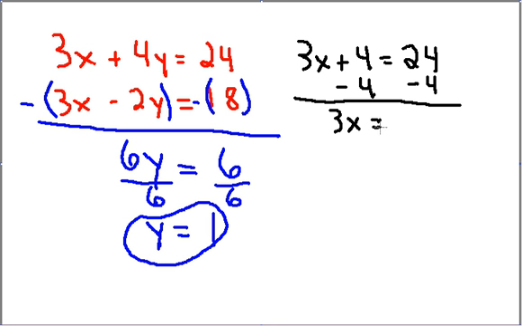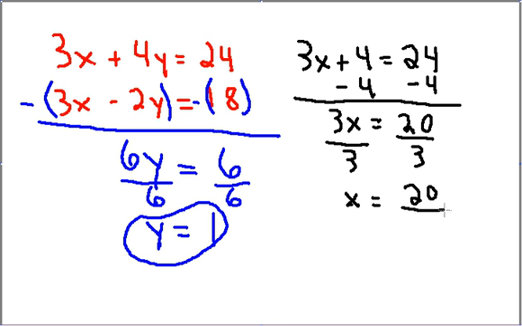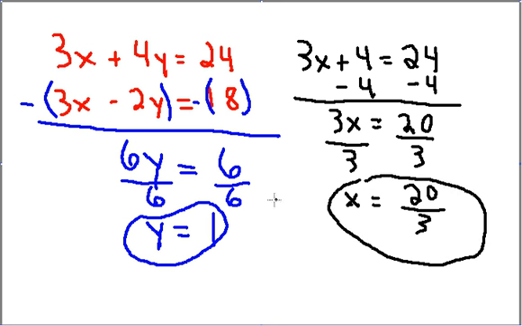Then over on the right-hand side, 24 minus 4 is going to be 20. x is still being multiplied by a 3, so to undo that multiplication, we need to divide by 3 on both sides. 3 times x divided by 3 is just simply x. Then on the right-hand side, I'm not going to give the decimal form. We're just going to leave it as 20 over 3. So when y is 1, x is 20 over 3.